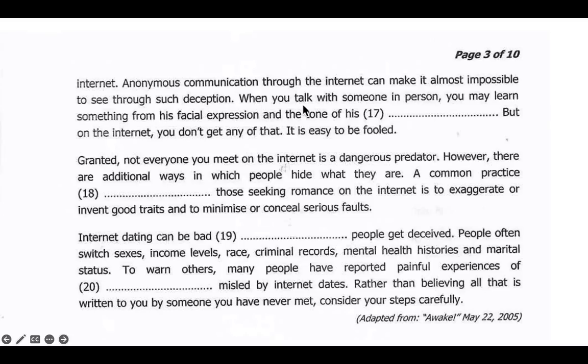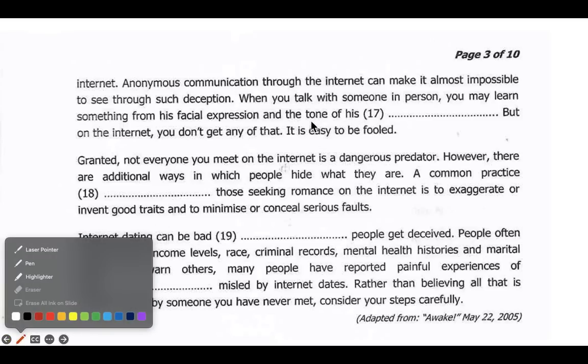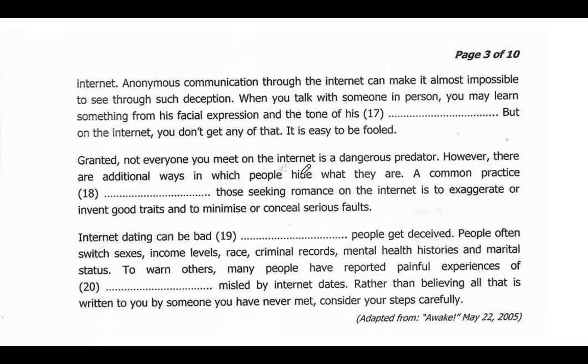When you talk with someone in person, you may learn something from his facial expression and the tone of his. Now look at this: and the tone of his. So what can be a tone of? There is facial expression and then the tone.